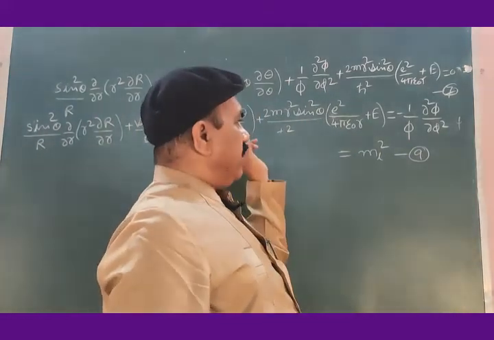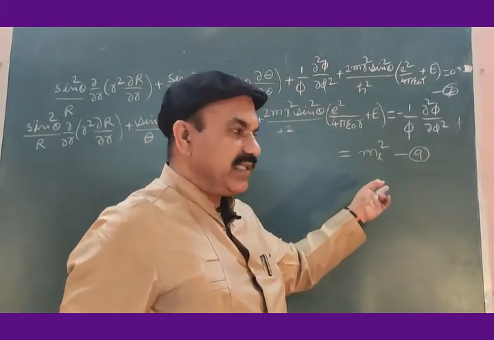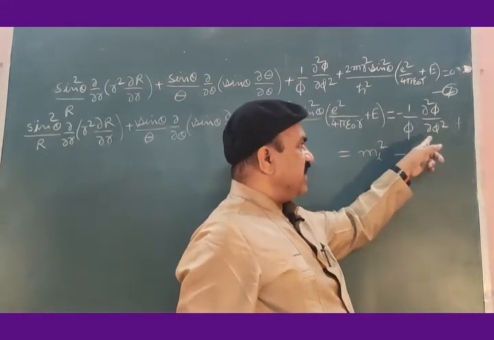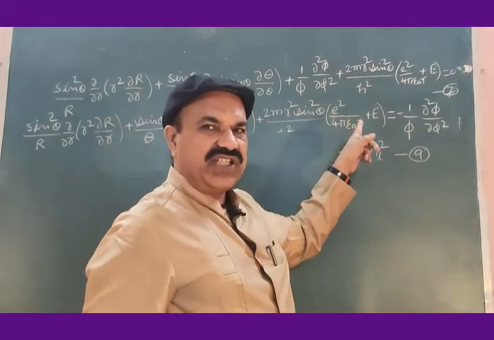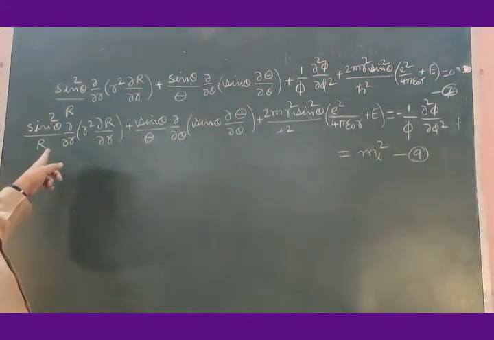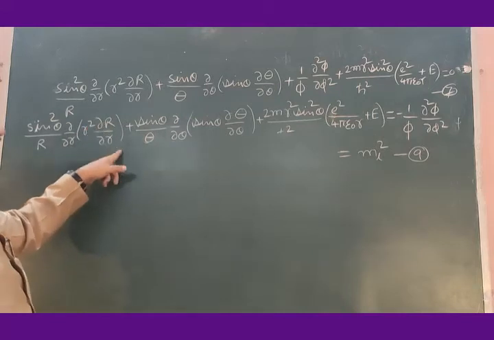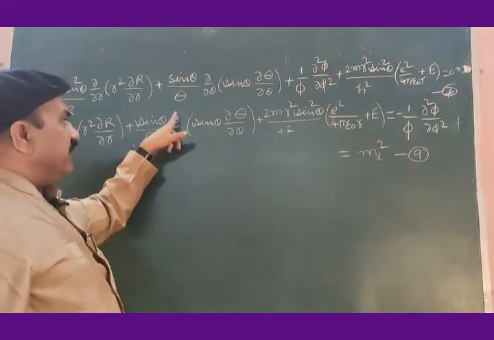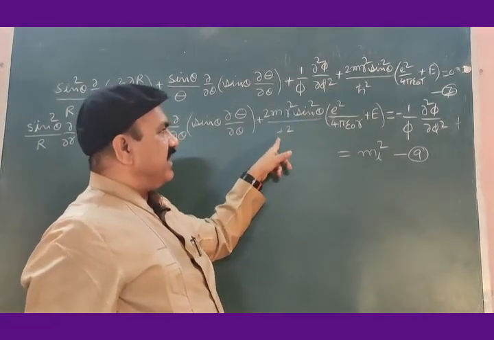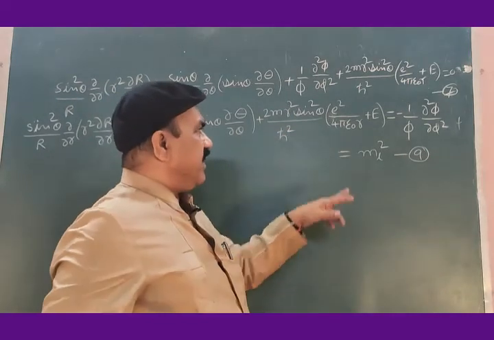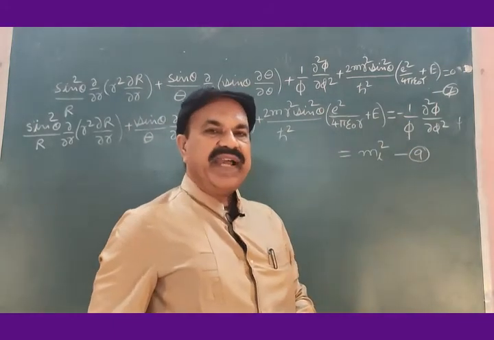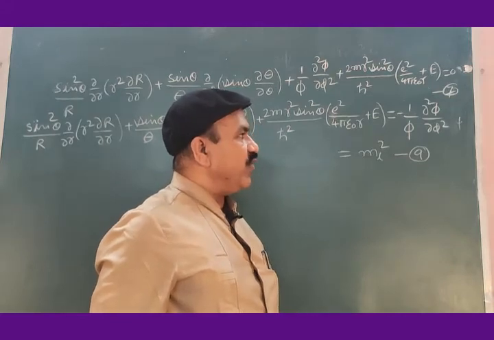I consider a constant ml square equal to LHS of equation 8 as well as RHS of equation 8, so that I can write equation 9, that is sin square theta by capital R into dou by dou r of r square dou R by dou r, plus sin theta by capital Theta into dou by dou theta of sin theta dou Theta by dou theta, plus 2m r square sin square theta divided by h cross square into the bracket e square divided by 4 pi epsilon 0 r plus E, is equal to minus 1 by capital Phi into dou 2 Phi by dou phi square.